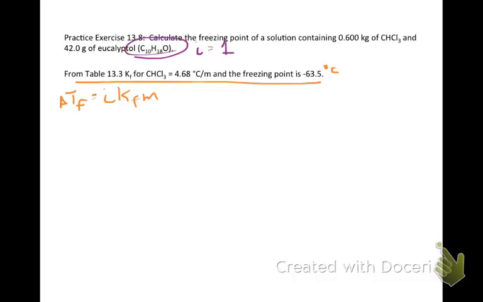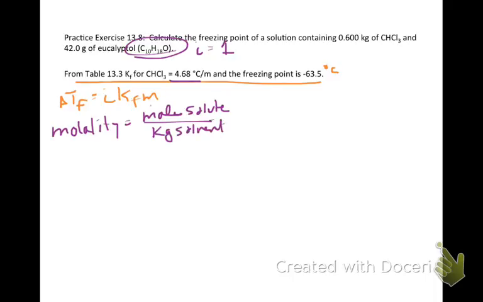I am given my Kf, so I have to calculate the molality. What's molality again? Well, molality is the moles of solute over the kilograms of solvent. Do I have enough to calculate the moles of the solute? Yes. And I'm given just the kilograms of the solvent.